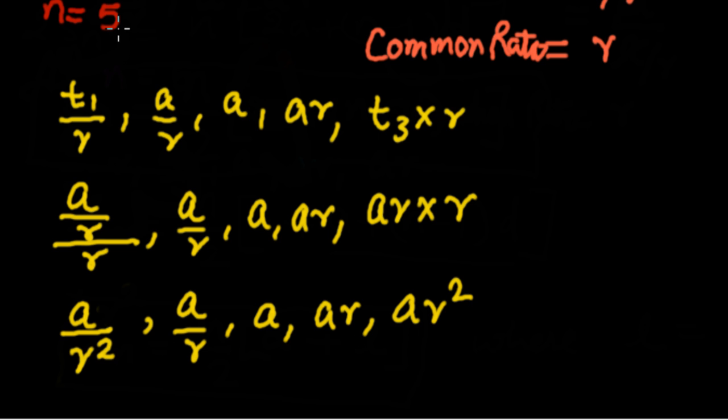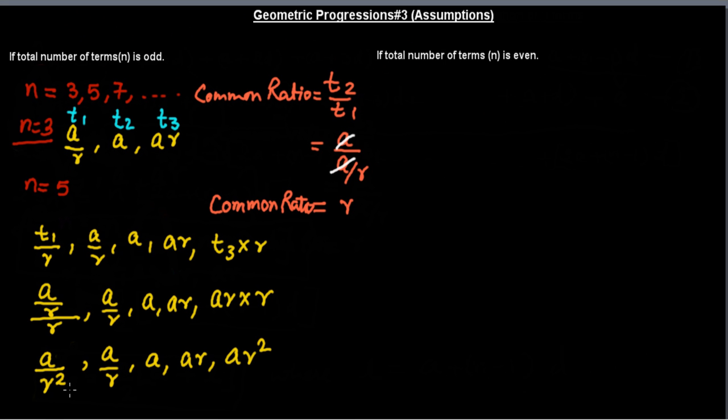So if n is equal to 5, we have to take the assumptions: first term a upon r square, second term a upon r, third term a, ar, ar square. So we can write in this way: this is t1, t2, t3, t4 and t5.